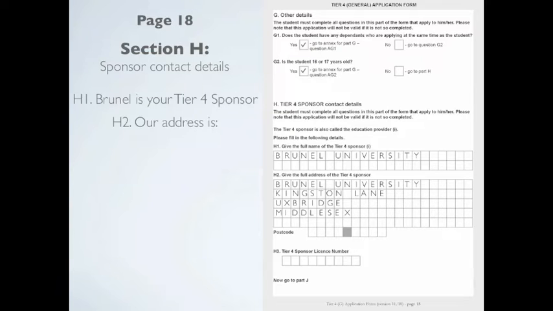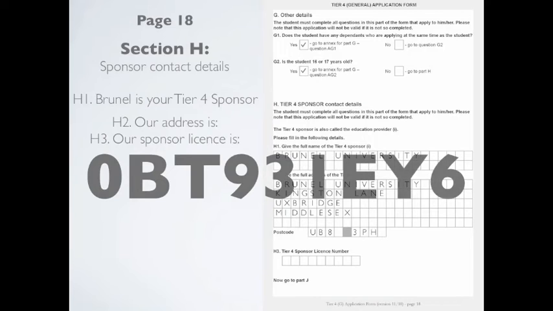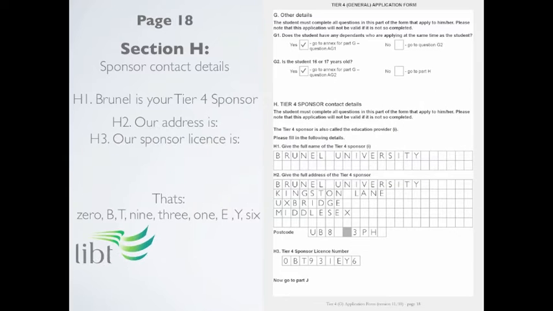The postcode is UB8 3PH. H3. Our sponsor license number is 0BT931EY6. If you are an LIBT student, you will need to ask LIBT for the information to enter at H1, H2 and H3.